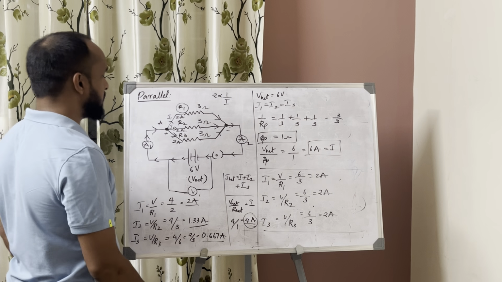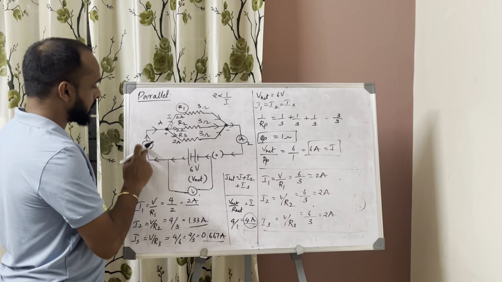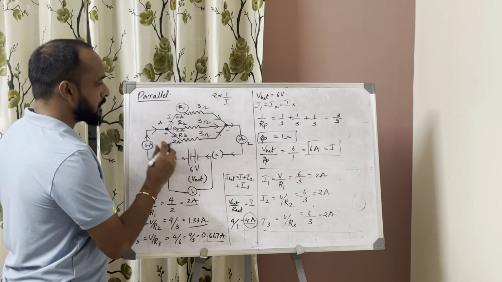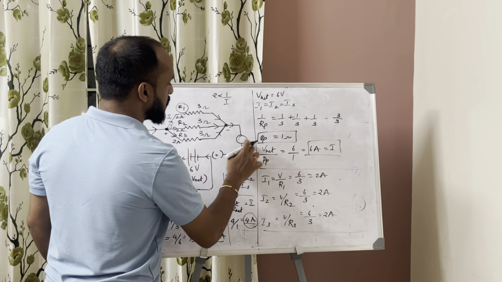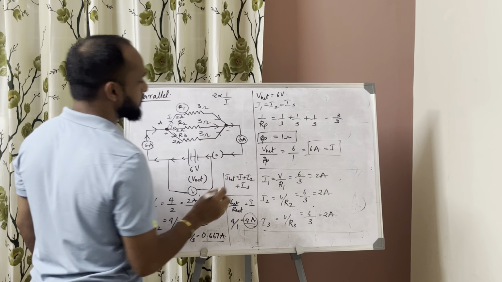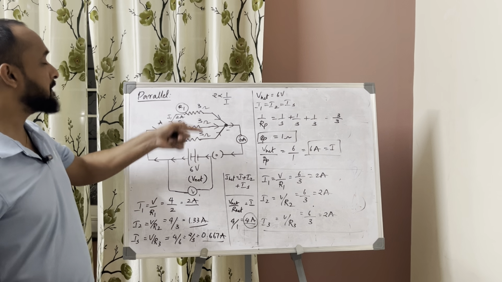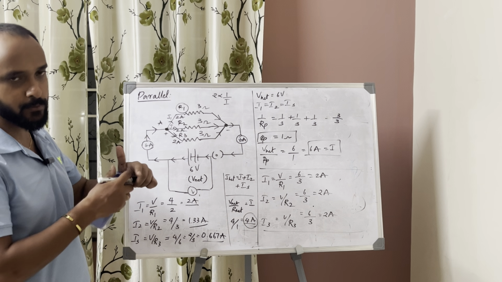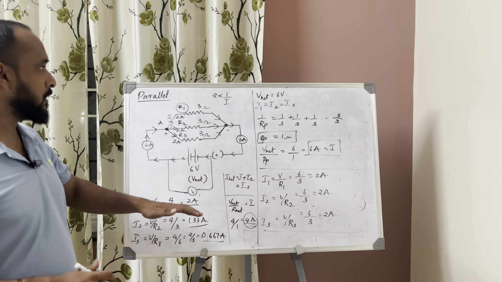That's it. So if I have ammeter 1 here, that also will show 6 amps. And my ammeter 2 also will show 6 amps. Wherein if I connect ammeters here, here and here, they will show 2 amps, 2 amps and 2 amps, it will split equally. This is the logic behind your parallel circuit.